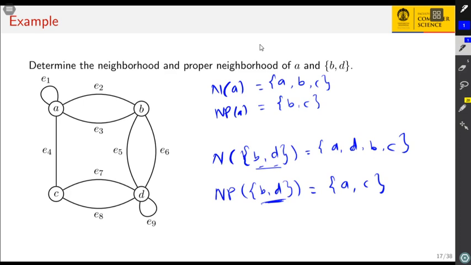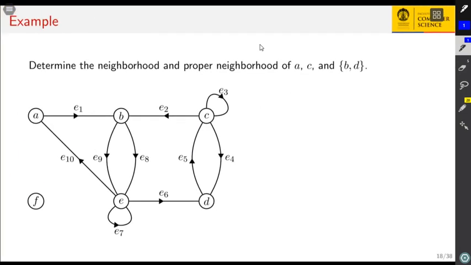Now, how about the case of directed graphs? Here is the case of directed graphs. The neighborhood of A is just B. Remember, the node adjacent to A is only B here, but E is not adjacent to A. And the proper neighborhood of A is also the set containing just B. How about the neighborhood of C?